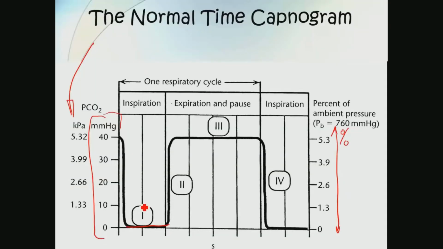It probably is not as square as this is depicted. It's more along this line, so that you don't reach the total CO2 until what'll end up being a plateau and eventually an end-tidal value until the very end.